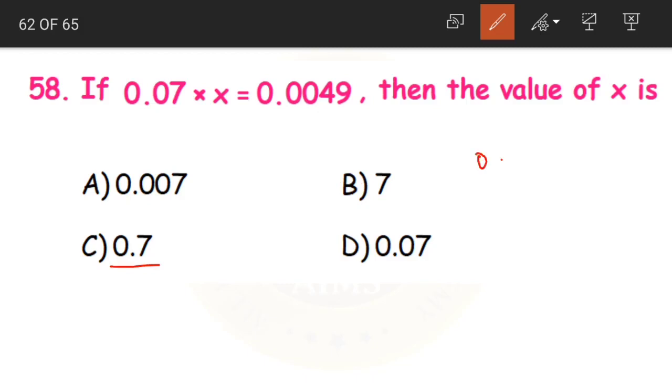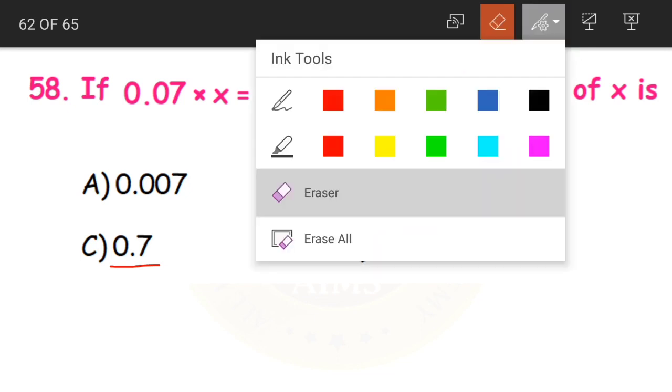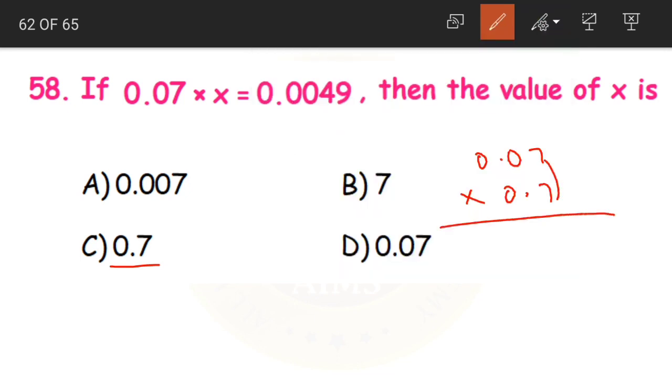Coming to option C, 0.07 into 0.7. When we multiply, we have 7 sevens are 49, 4 carried, 4. Now for the second line I have to place a 0 first, right? Yes, then 0 sevens are 0, 0 zeros are 0, 0 zeros are 0.